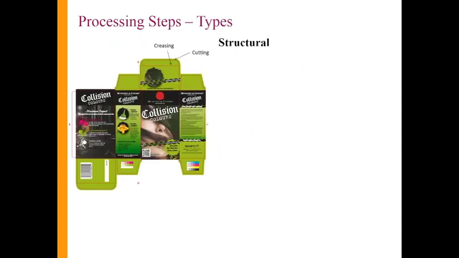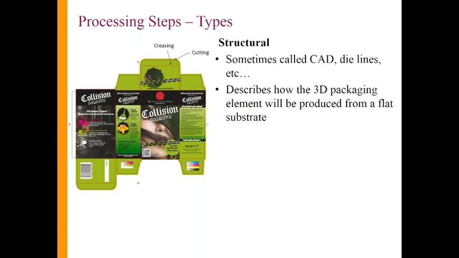What types of processing steps do we distinguish? There are a number of larger categories that are subdivided into very specific types of processing steps, but let's stick to the large categories. I think the main one that comes to mind for many people are the structural processing steps. Sometimes these are called CAD lines, die lines, cut lines, you name it. What do they represent?